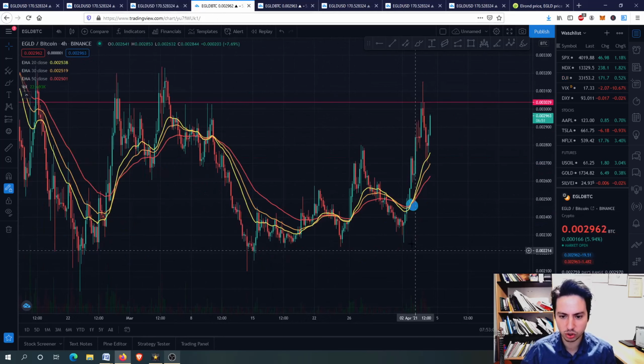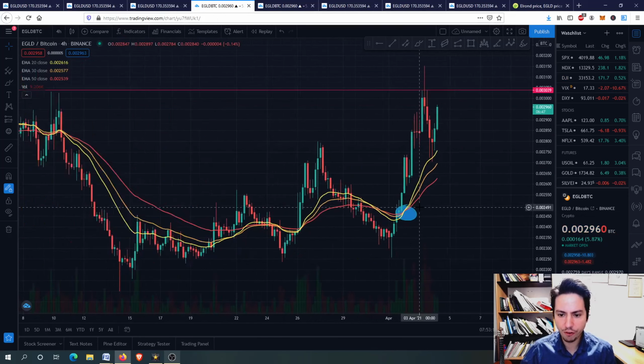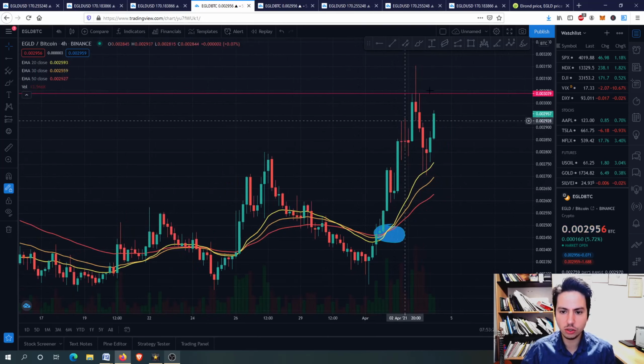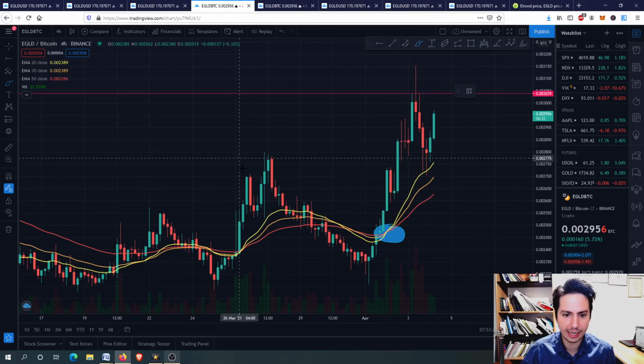What I liked about here for the 4-hourly frame, guys, EGLD against Bitcoin, the 50-day EMA, as you can see here, went beyond the 20-day EMA and 30-day EMA, crossed them here, and of course it made a new top level, and I think this is our bottom level, which was our previous resistance level over here, guys.